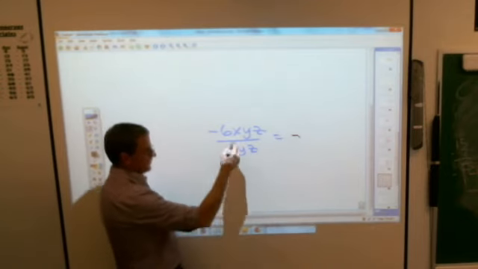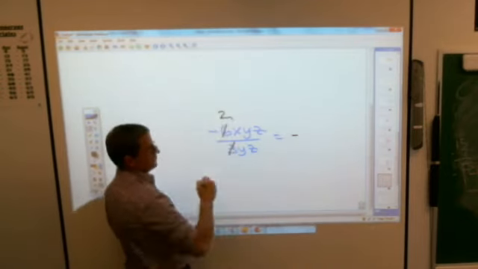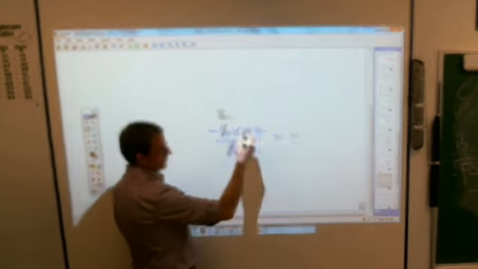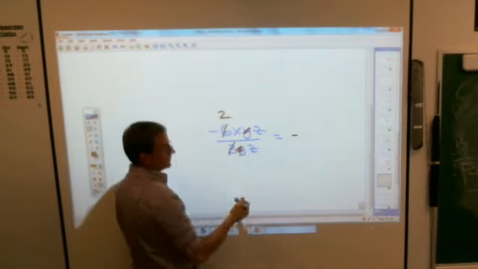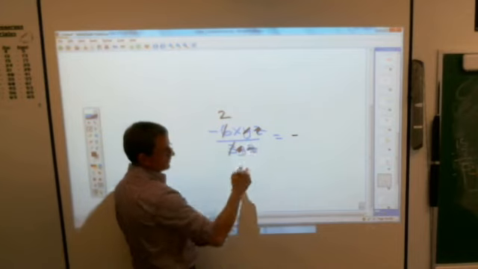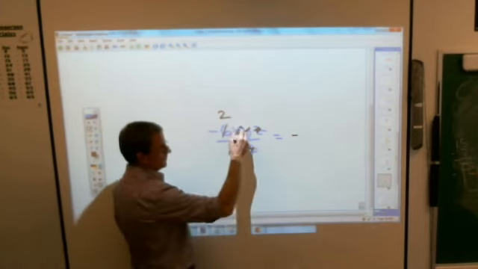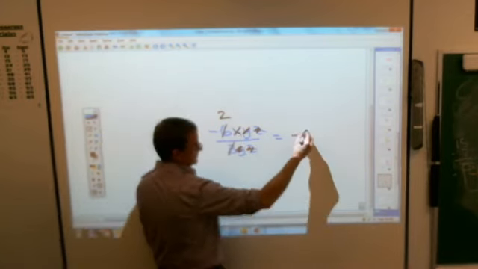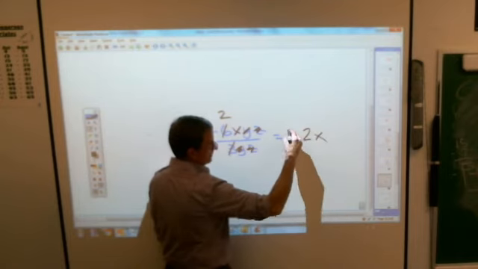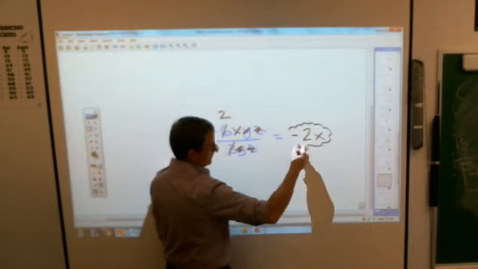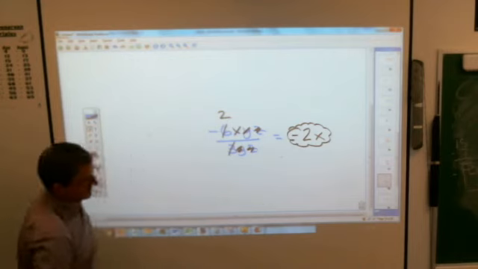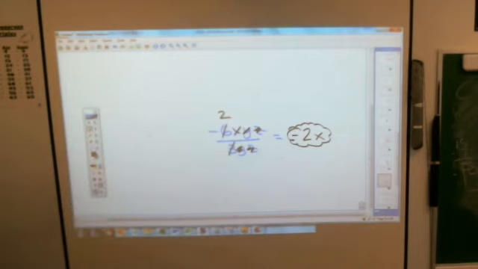Dividing like normal, 3 goes into 6 2 times. 2 identical things cross off with each other. Both those y's cross off. Both these z's cross off. And you're left with just an x. So my answer is negative 2x. They're all possible and doable.